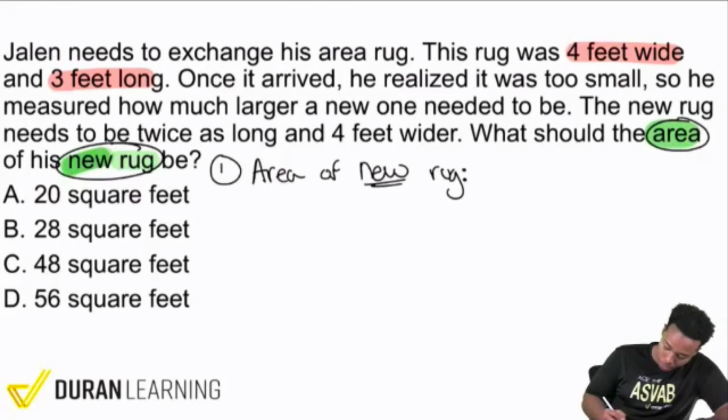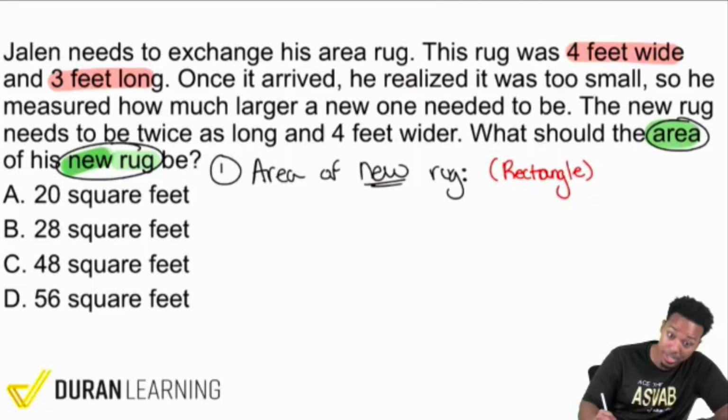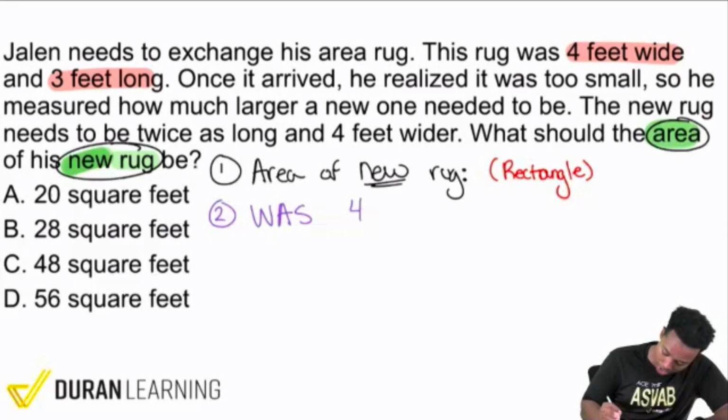So in the given information here, we're dealing with a rectangle. And it's safe to assume here that, with the information that's given, we can say that it was 4 feet wide. And it was 3 feet long.